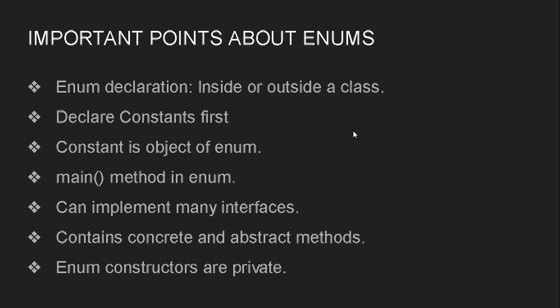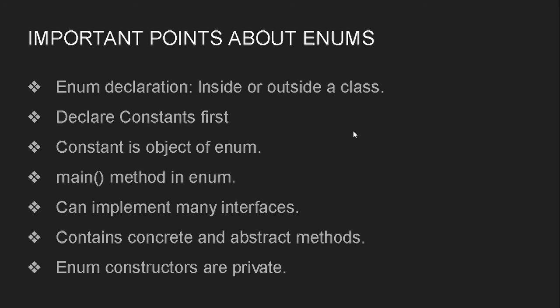Whenever you're declaring an enum, inside that particular block you first need to declare the constants. If you don't declare the constants, it will give an error. After declaring the constants and separating the different constants by commas, you need to put a semicolon. You need to tell the compiler that this is the end of the constants which I am defining. Then after that you can define as many methods as you want.